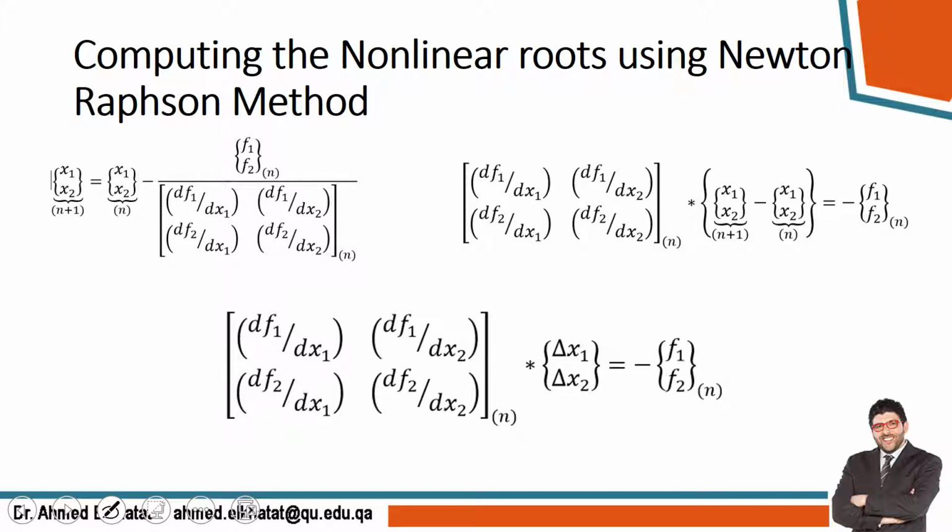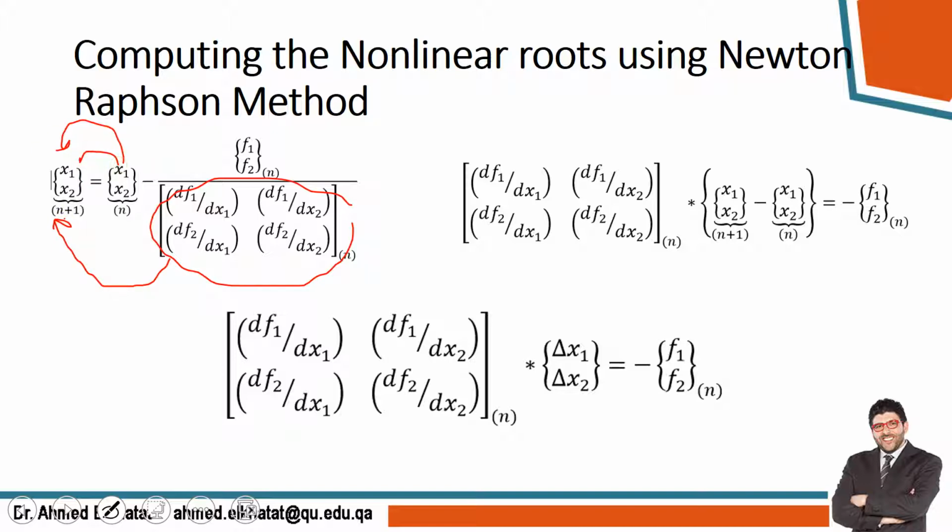Now, if you are using the manual method to calculate, it would be easier if we make some rearrangement. We can move this here, and at the same time we can move this here as well. So here it will be x1, x2 at n plus 1 minus x1, x2 at n.